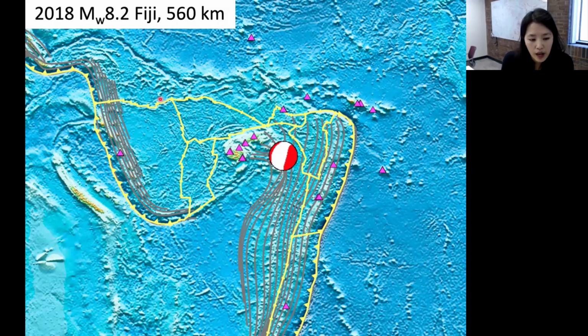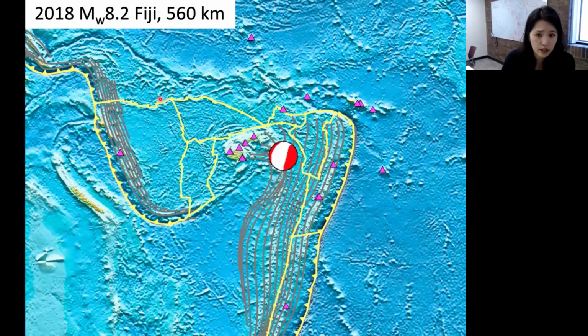When this earthquake happened, I wasn't super hopeful about the data coverage because it happened in the middle of the ocean. However, I realized there are many volcanic islands out there, and they have a good number of GPS stations operating at the time of this earthquake, and we could utilize them. We ended up having pretty good data coverage.